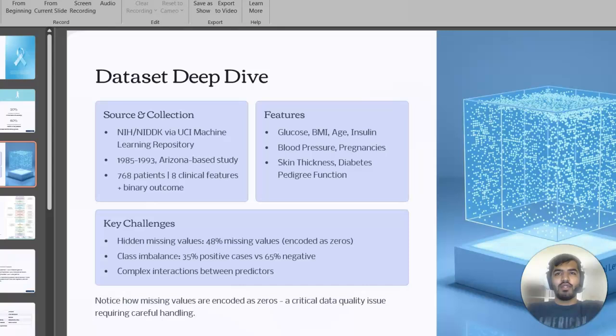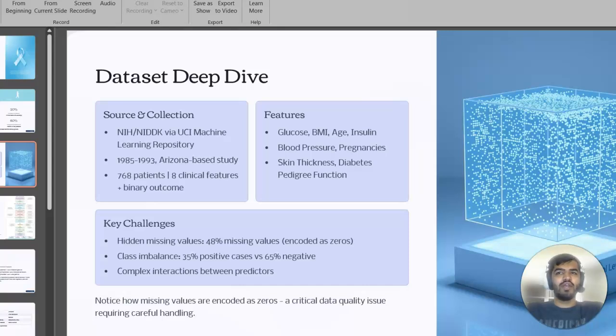The data that I used is the Pima Indian Diabetes Database, originally from the UCI Machine Learning Repository, and that I downloaded from Kaggle. This dataset contains medical and diagnostic measurements from female patients of Pima Indian heritage.